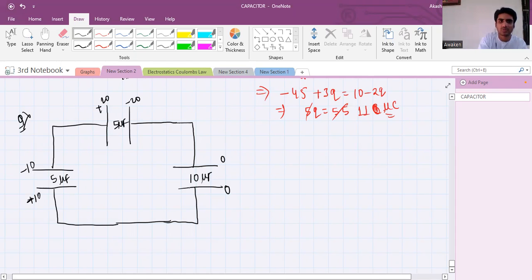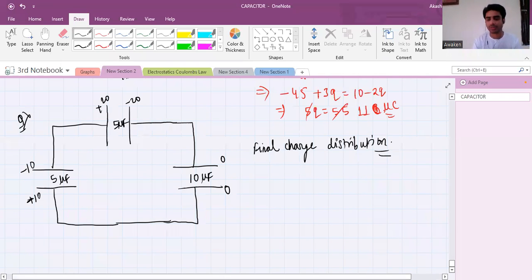The charges are in microcoulomb, not mentioned. So this is the initial distribution. Then you find the final charge. The concept you have to use is the same: assume that Q charge is flowing. Find the final charge on the capacitors. Shall I do it or will you do it? Try once.